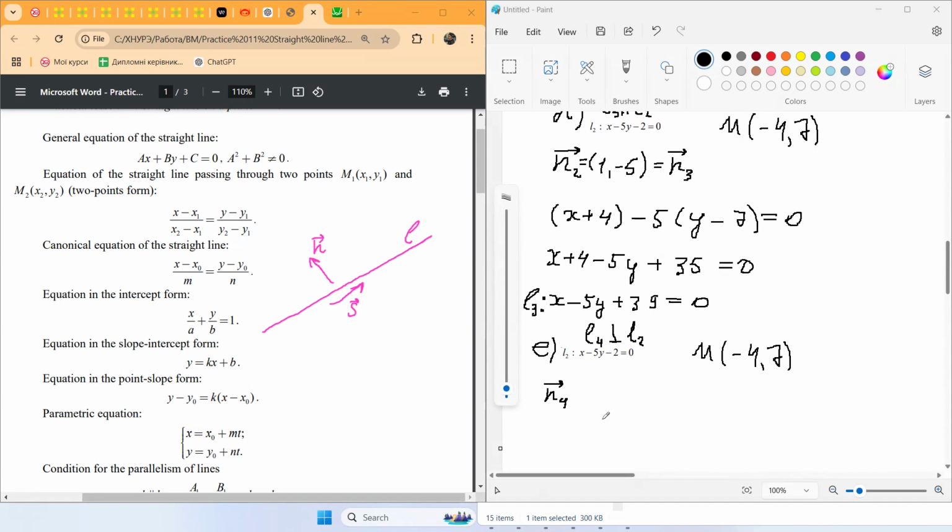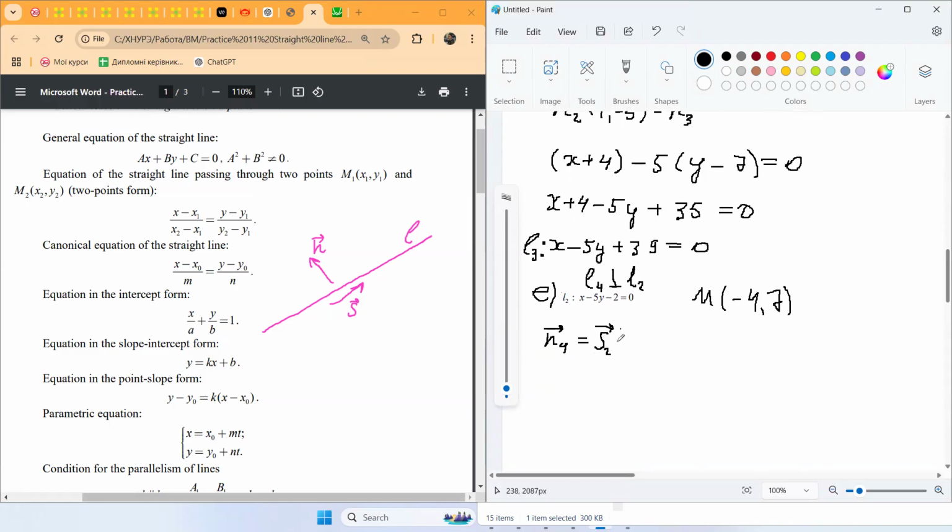According to this, the normal vector of straight line L4 matches the direction vector of line L2. So we will rewrite this equation into canonical form, and then we will find the direction vector.